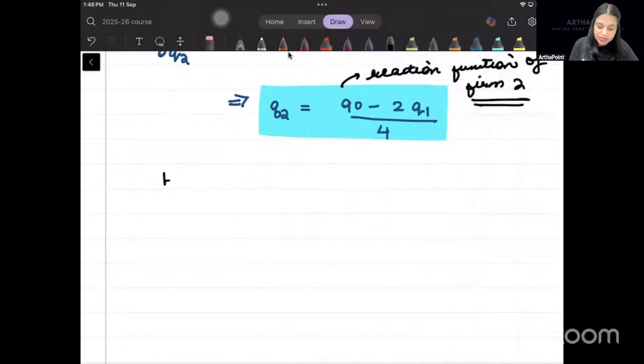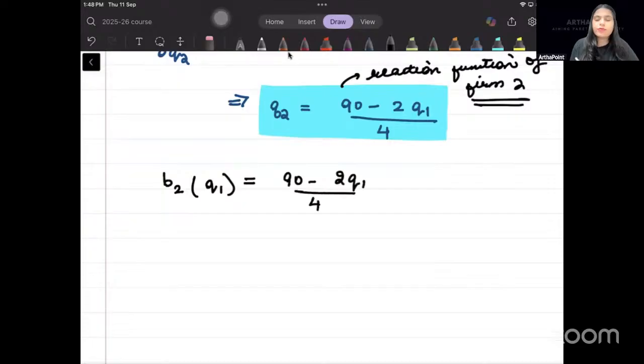So you can say best response of firm 2 as a function of Q1. This is (90 minus 2 Q1) by 4.